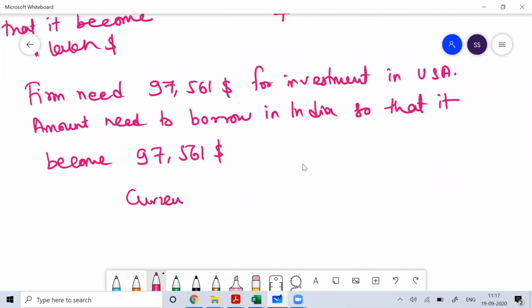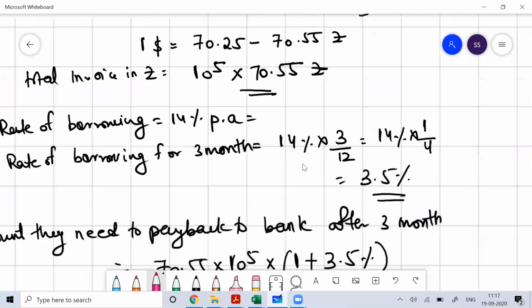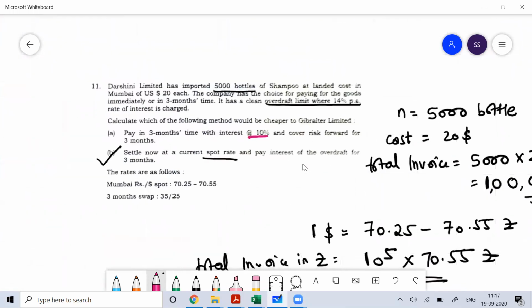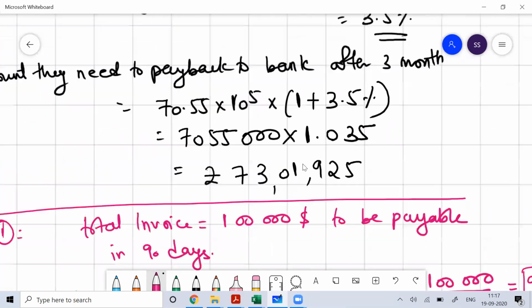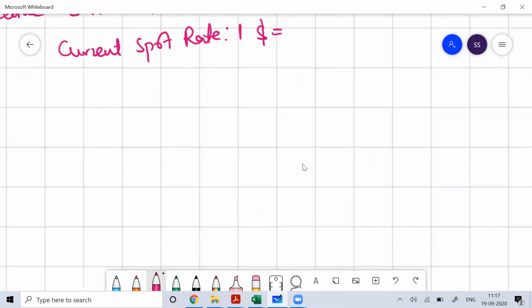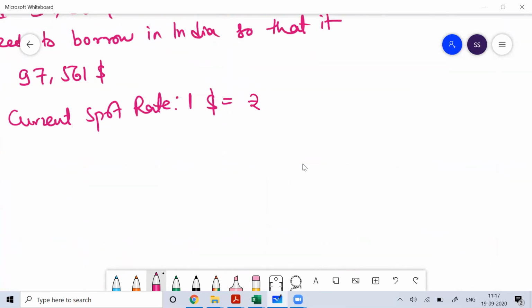The current spot rate is $1 equal to 70.25 slash 70.55 rupees.